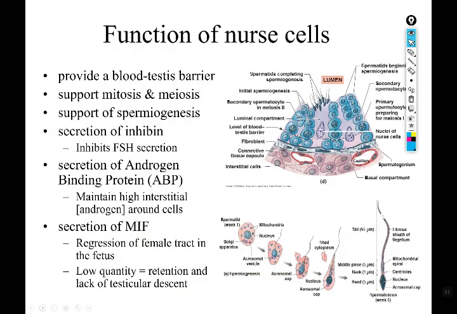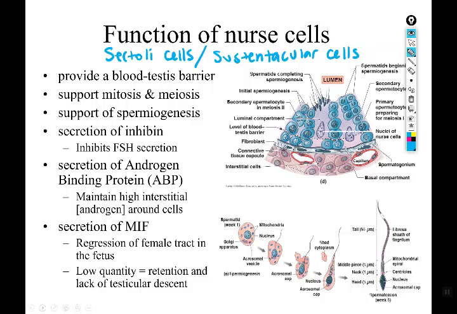Okay, so let's talk about the function of nurse cells, and let's also write the other names for them up here. So nurse cells / Sertoli cells / sustentacular cells, and so on and so forth.